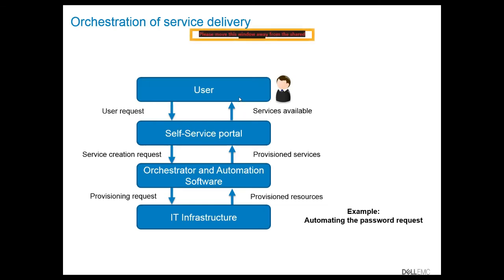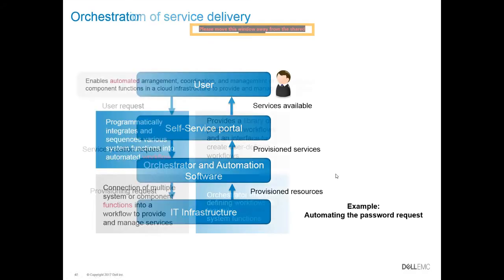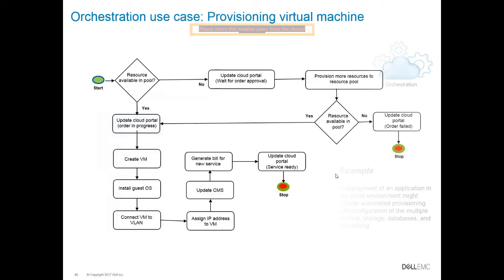So now the service gets available to the user. So in the orchestration, you are trying to coordinate the activities of different applications and services which are running in the cloud. Orchestration actually goes through what is called a flow chart over here.